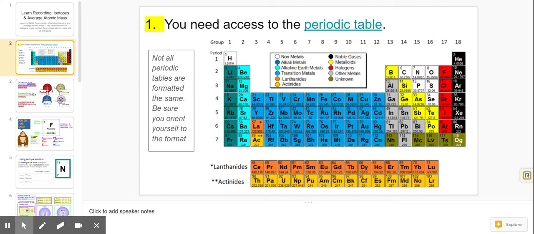You may need to look up the average atomic mass. You can check online and access a periodic table very quickly by typing in P table into your web browser. And that will bring up a nice periodic table. P table, all one word.